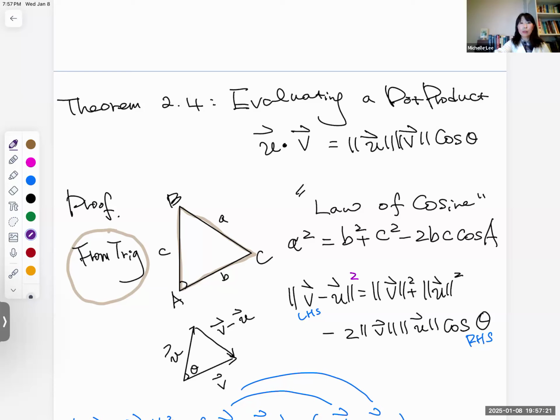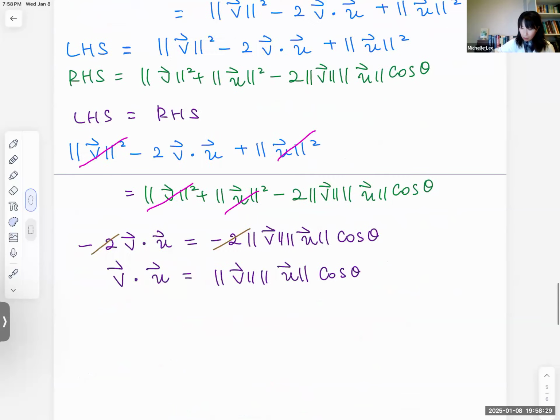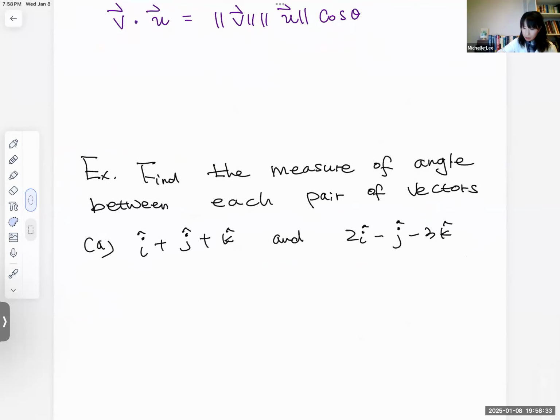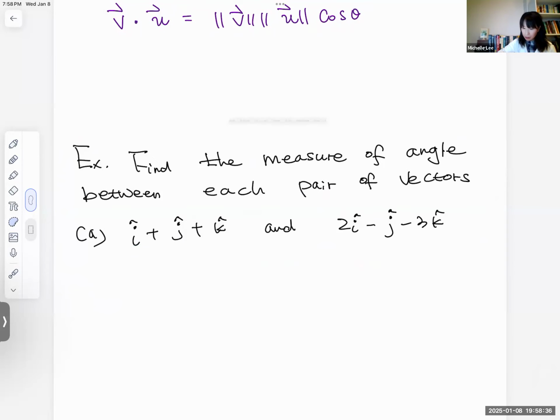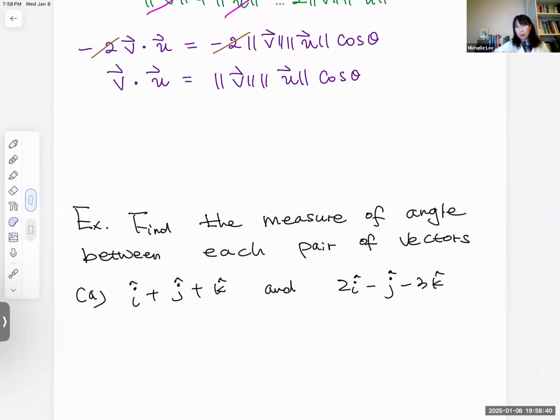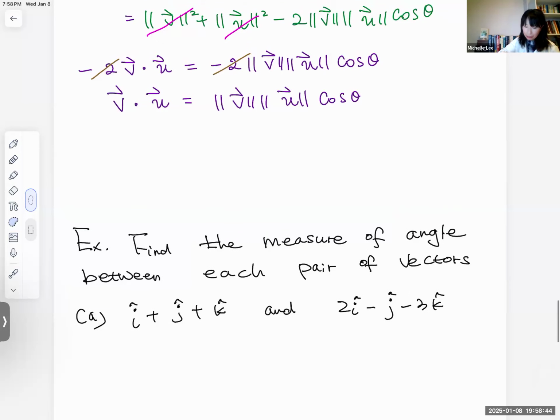Do this one. Okay, so this is the question. We want to know about the angle. Since we have this formula, we want to express it as cosine theta.